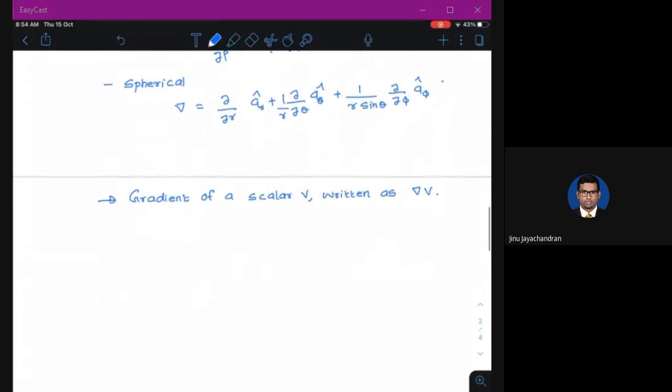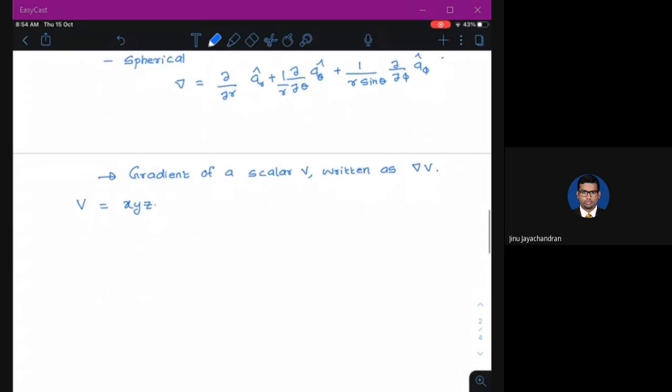For example, let's say v is equal to x y z. It means that if you consider a Cartesian system, v at any point is the multiplication of the x, y, and z coordinates at that point.